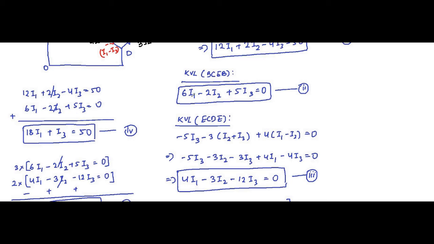So we can use this equation, 6I1 minus 2I2, so I2 will be 6I1 plus 5I3 by 2, equal to 6 into 2.817 plus 5 into 0.7225 by 2, which will be 6.65 ampere.